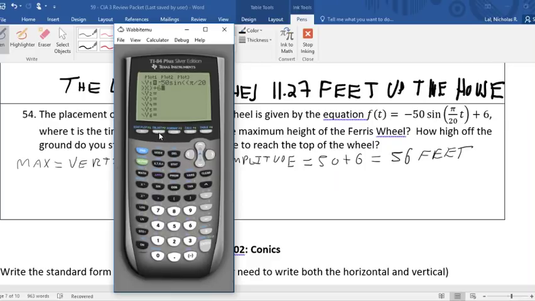Let's go to radian mode. Alright, and then my window, let's not change your x max, but the y max is going to have to be at least 60, and this is going to have to be at least negative 60. Alright, so let's graph the function.